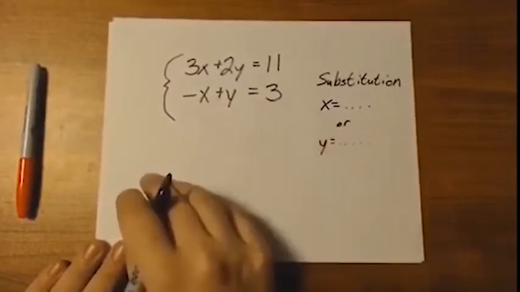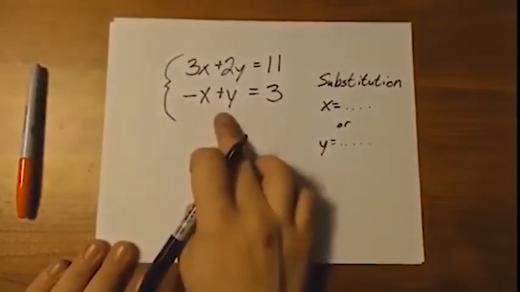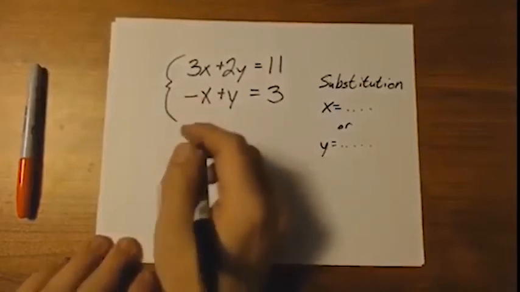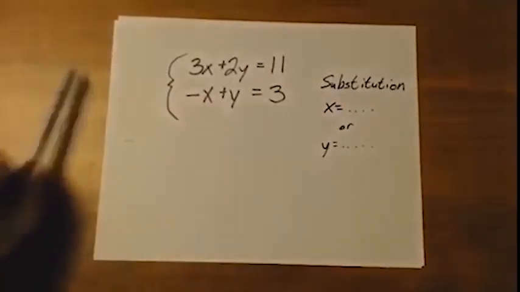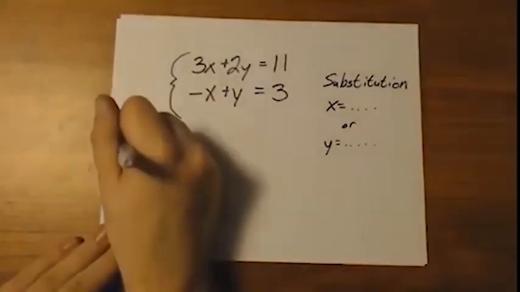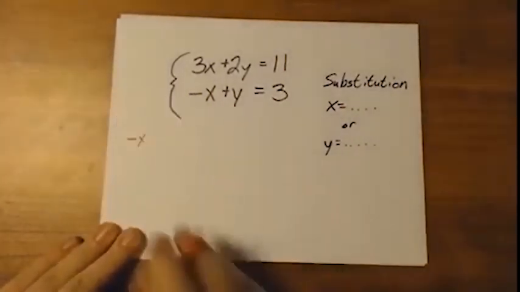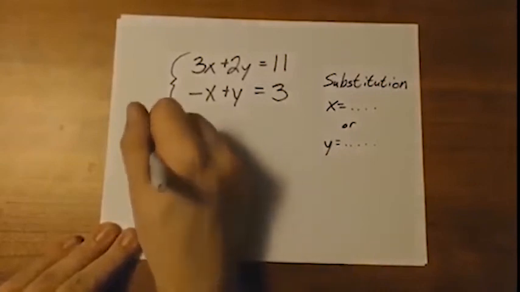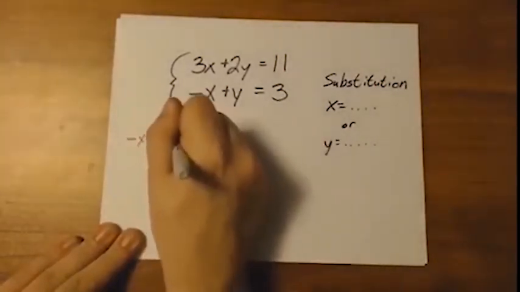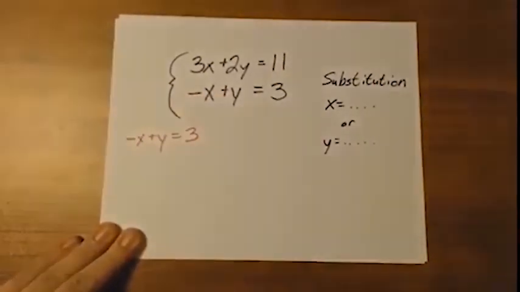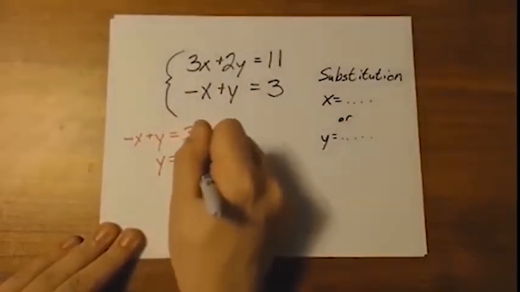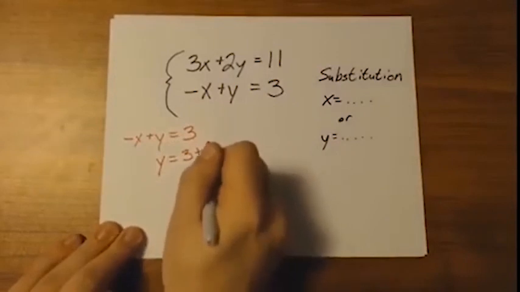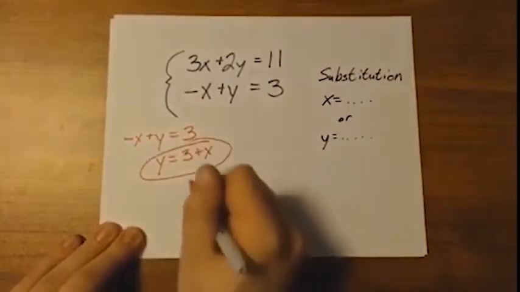It would be really easy to solve for one. In fact, here's our positive y. If negative x plus y equals 3, then y equals 3 plus x.